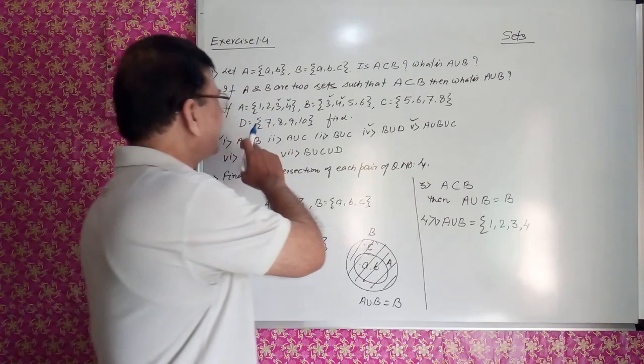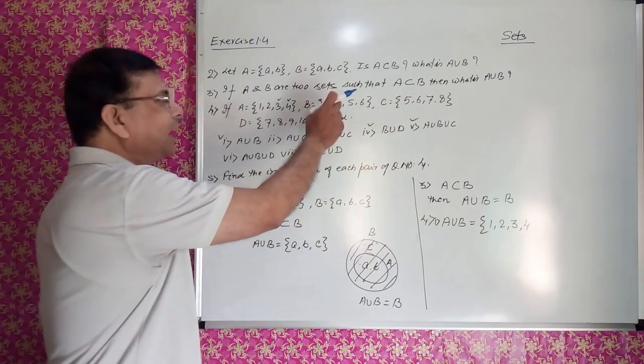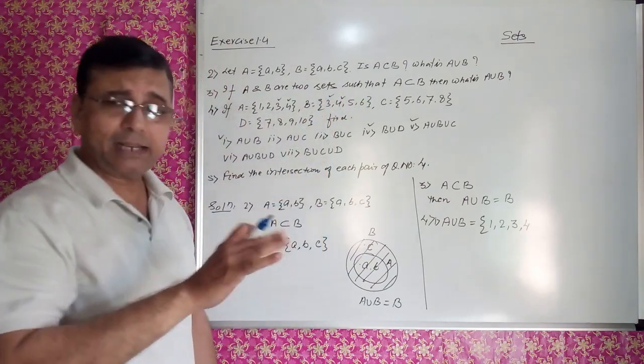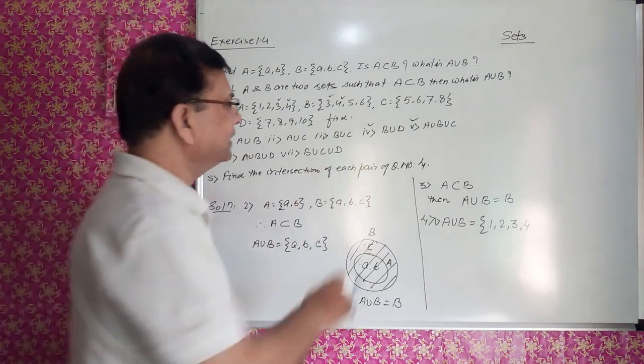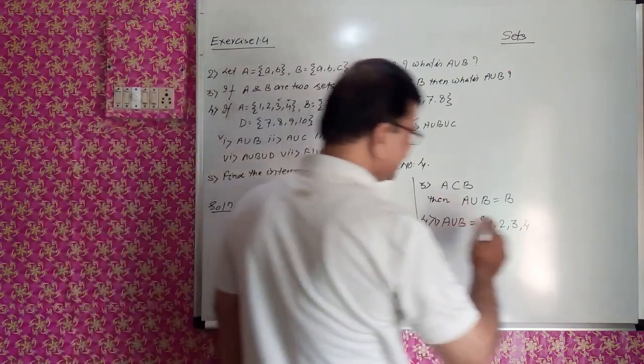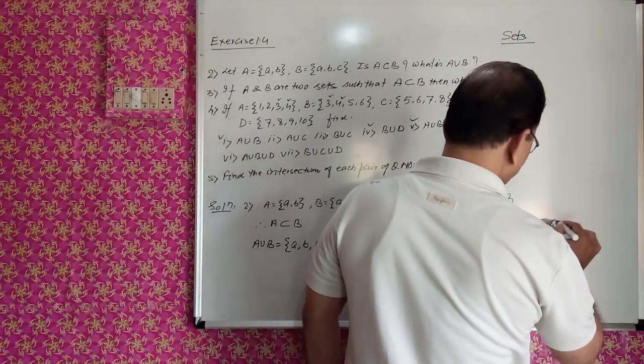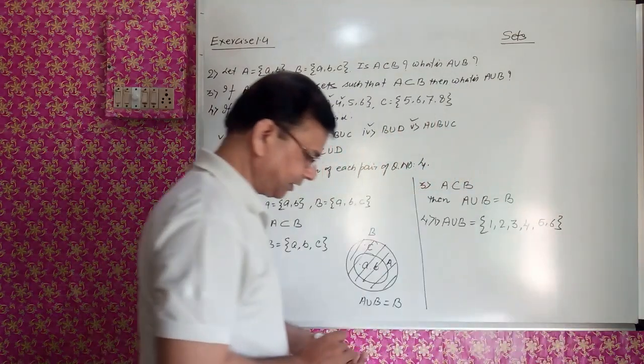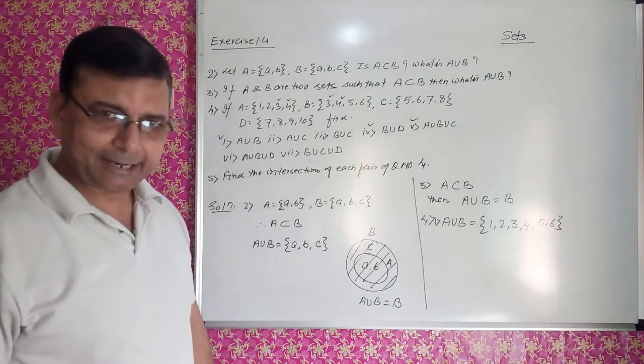Now all the elements of A are over. Now I will see the elements of B. Those elements should also be there in A union B. The remaining elements are 5 and 6, so that I will write. So these are the elements of A union B. Clear?